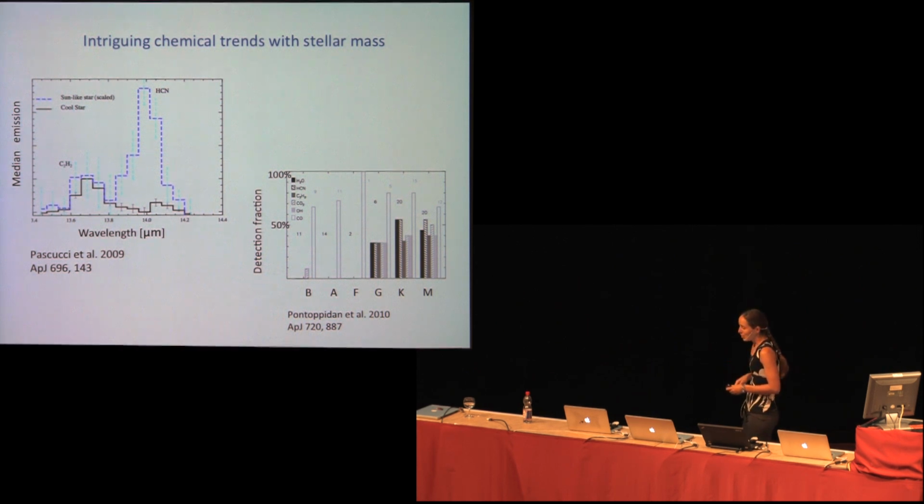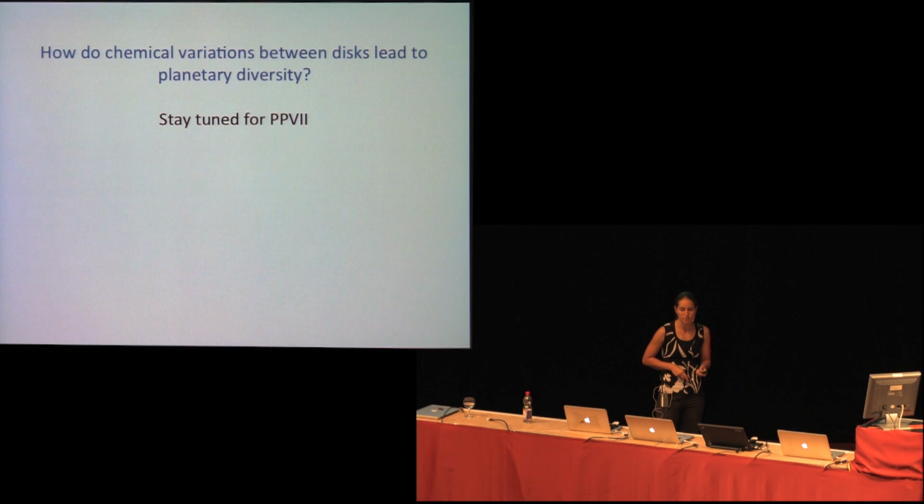Then there's another result showing that the chemistry, even around very low mass stars, can dramatically change as well. This shows that around sun-like stars, you have a lot of HCN, and when you get to very cool stars, that HCN disappears. So again, some intriguing trends about differences between disks.